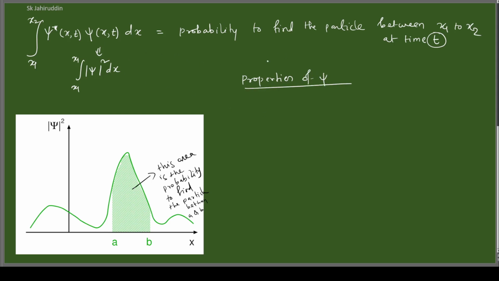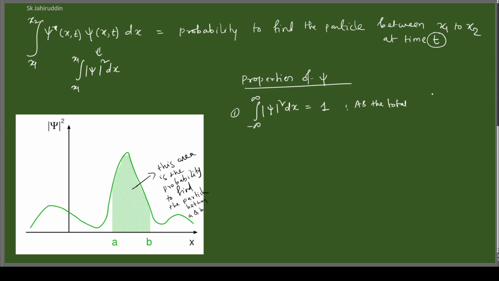If psi star psi is the probability, then the integration over all space of psi star psi dx should be 1, as the total probability of finding a particle.